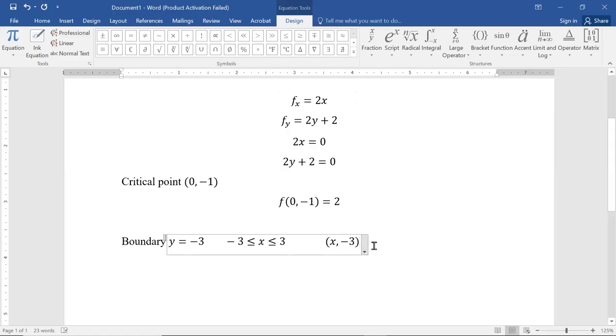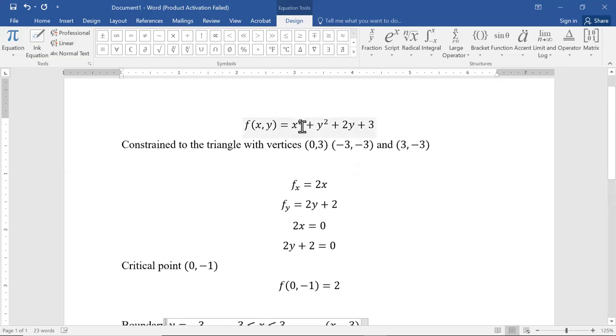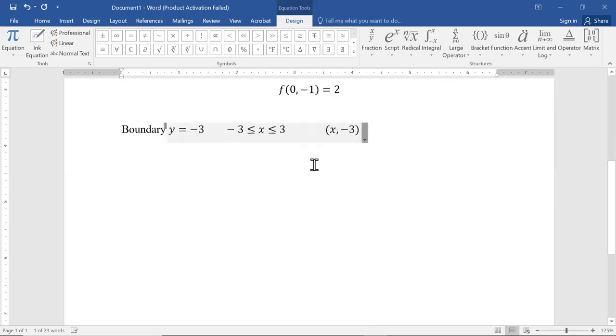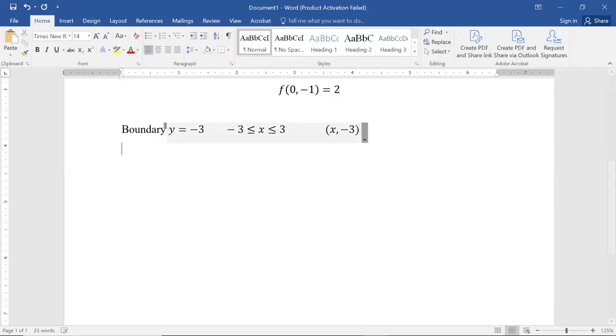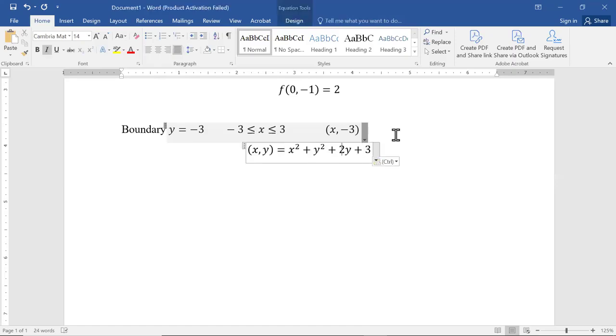Now let's think about what plugging in that point would do to my original function. If I plugged in a point that always was (x, -3), then I would take -3 squared. That would become a 9.